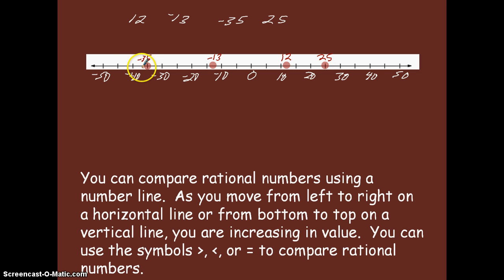Now, negative 35 is our lowest value number. Negative 13 is greater than negative 35. 12 is greater than negative 13, and 25 is greater than 12. So using a number line is one way that you can figure out how to order integers or rational numbers, and it will help you compare them.